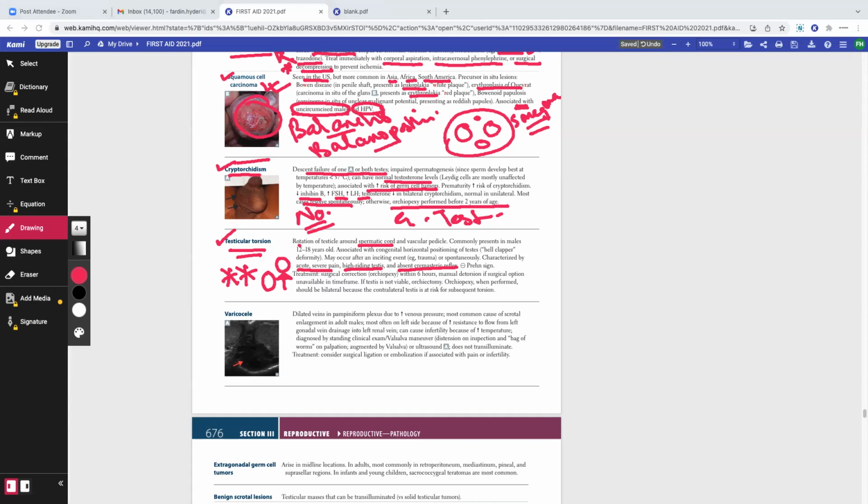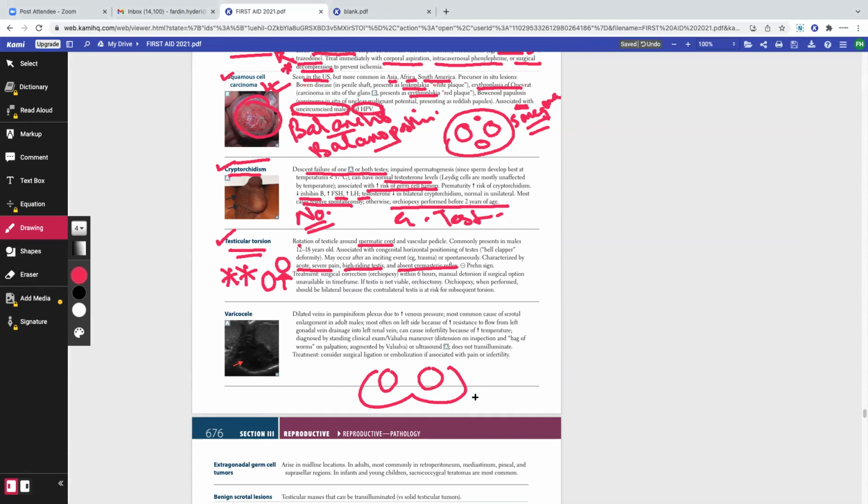Does anyone know what Prehn sign is? What is Prehn sign? Can anyone tell me? Okay. Let's say this is the scrotum, right? Over here you have one testis and you have another testis.